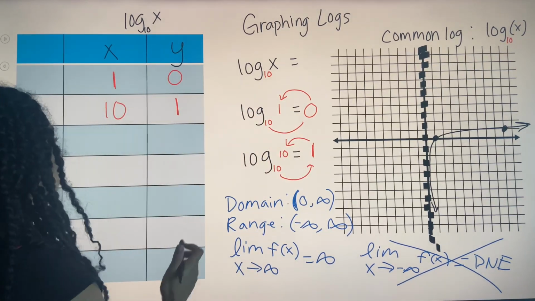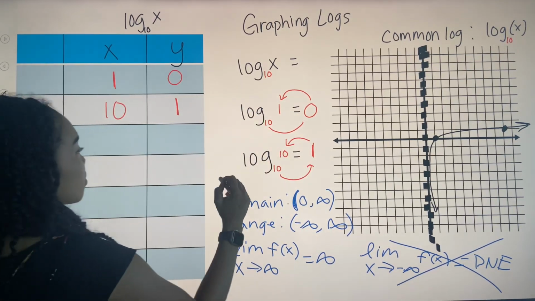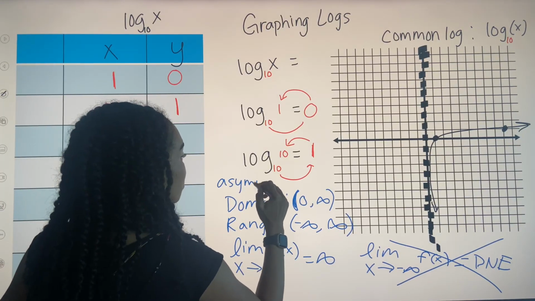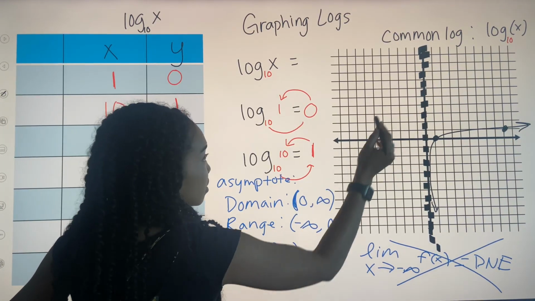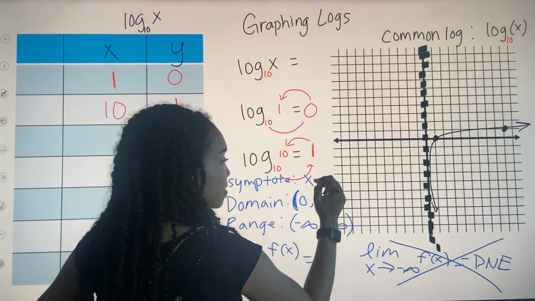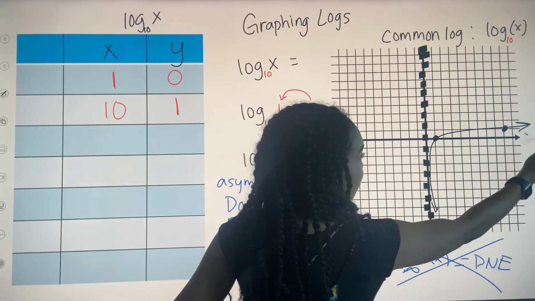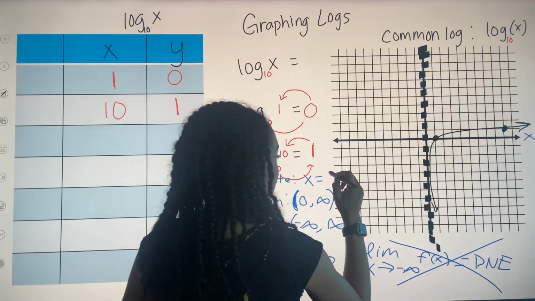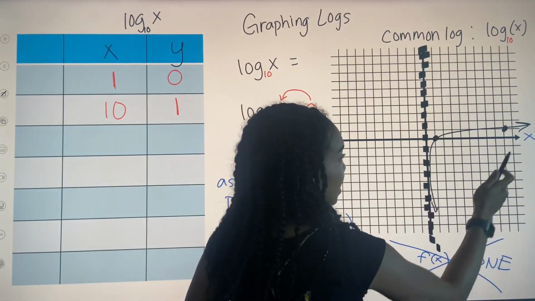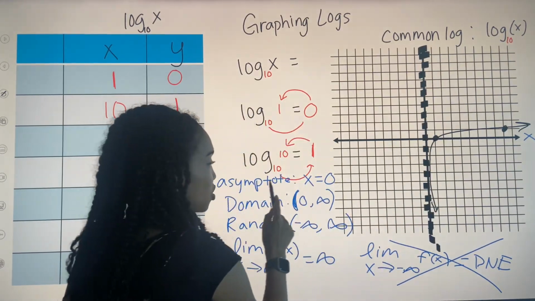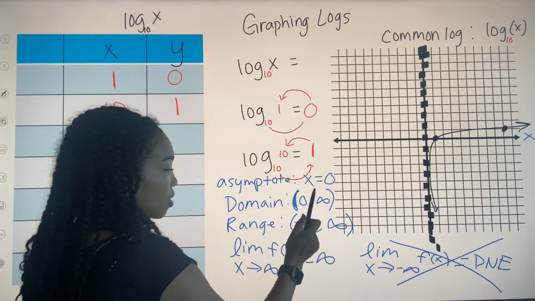Okay, one more thing, the asymptote. Your asymptote is a vertical line. So vertical lines have an x equals, and this line crosses the x-axis at 0. So that is the equation of your asymptote.